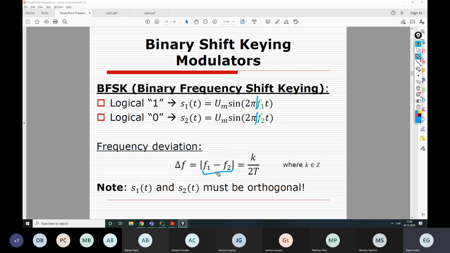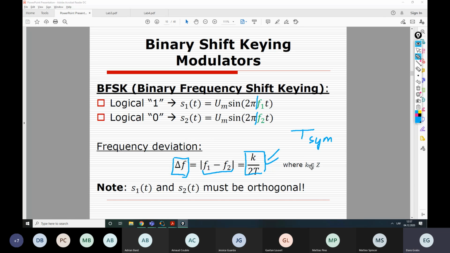The orthogonality condition defines the difference between these 2 frequencies. So basically, for these signals to be orthogonal, their frequencies need to differ by this delta F. It's not really relevant what exactly is F1 and what exactly is F2, as long as this difference satisfies the condition that it is divided by 2 symbol durations, where T here is the symbol duration.